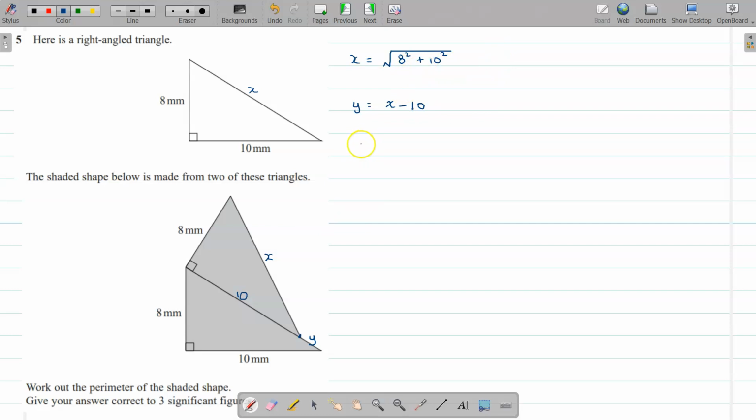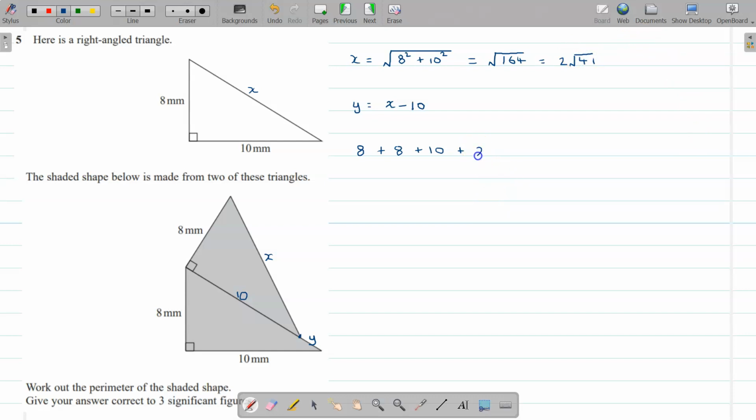So the total length, the total perimeter, is 8 plus 8 plus 10, okay, plus the square root of that, which by the way is the square root of 164, okay, and that simplifies further to give me 2 root 41, okay, because it's root 4 times root 41.